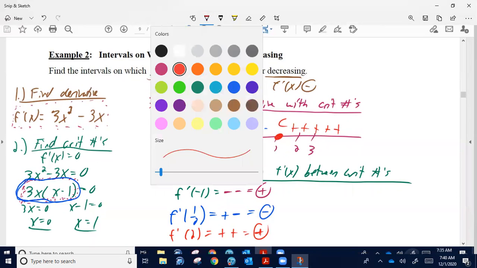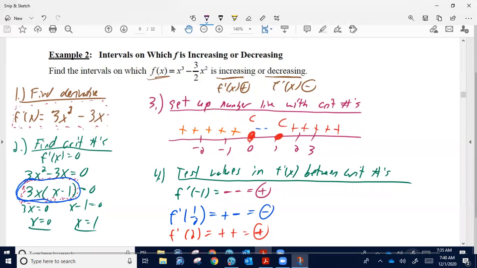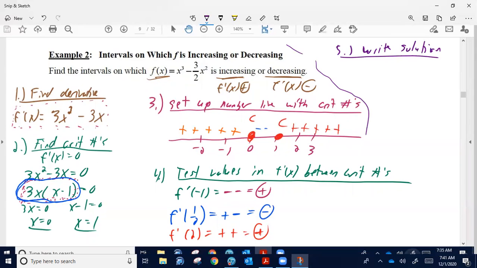So we got to write this out now. The number line's not enough. After that, we got to write out the solution. So step 5, maybe up here. Write solution. F of x is going to increase when it's a positive derivative. So -infinity to 0 and 1 to infinity.